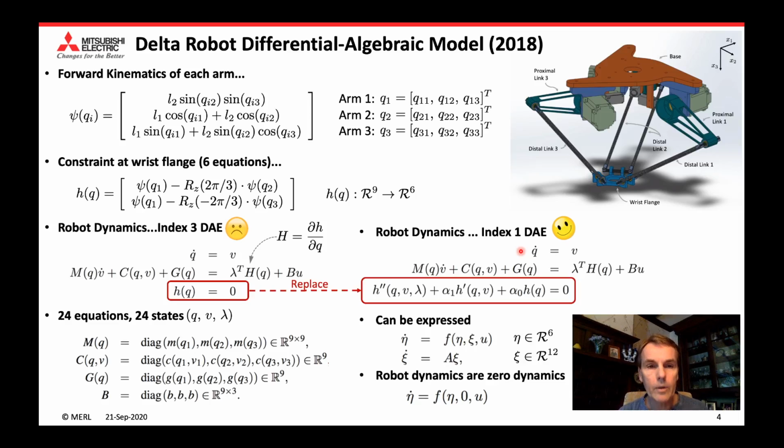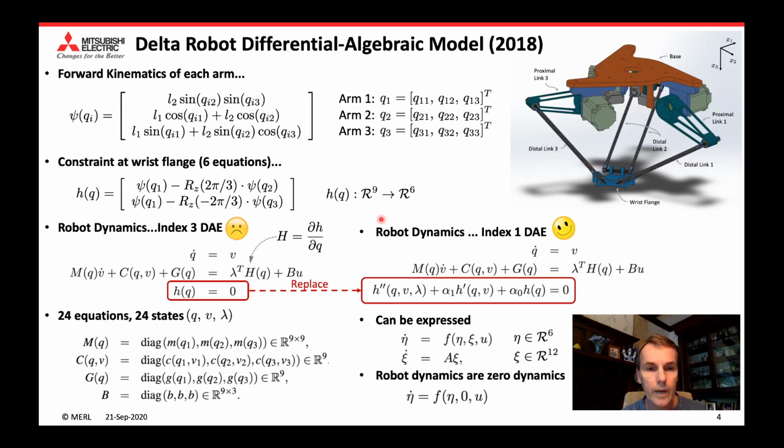So the basic method is that we want to extend the differential algebraic equation model that we've developed for this robot to handle contact and collisions. And so there's a lot of equations and noise on this slide, but essentially the bottom line is that the way we model this, which is a difficult system to model because it's a closed kinematic chain, and so the forward kinematics cannot be computed in closed form.